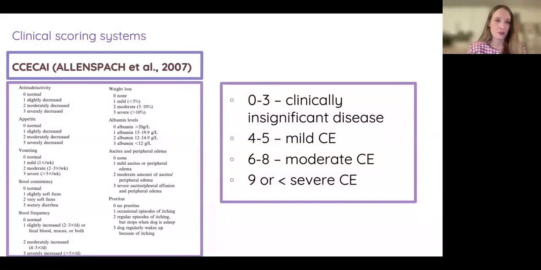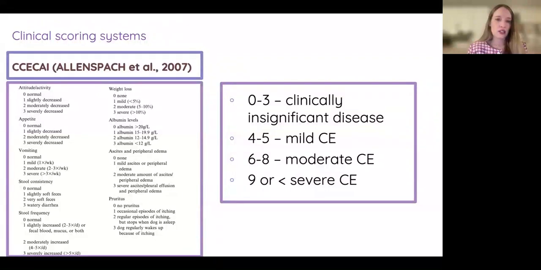So it's good to have a number. Normally this clinical scoring system, which has a lot of C's in its name, would grade a few things: attitude, appetite, vomiting, stool consistency, stool frequency, weight loss, then albumin levels, ascites and peripheral edema, and pruritus.